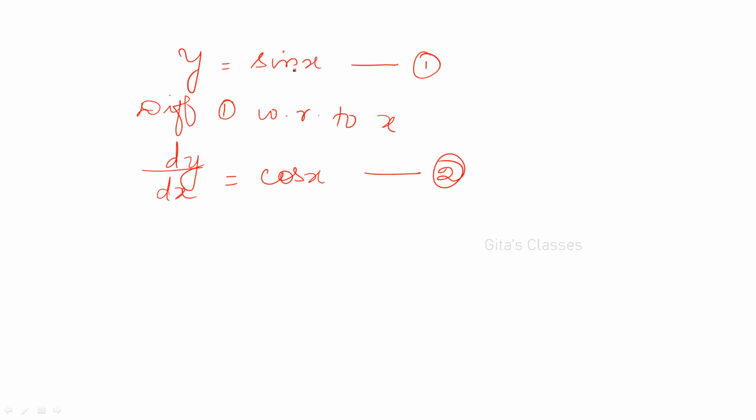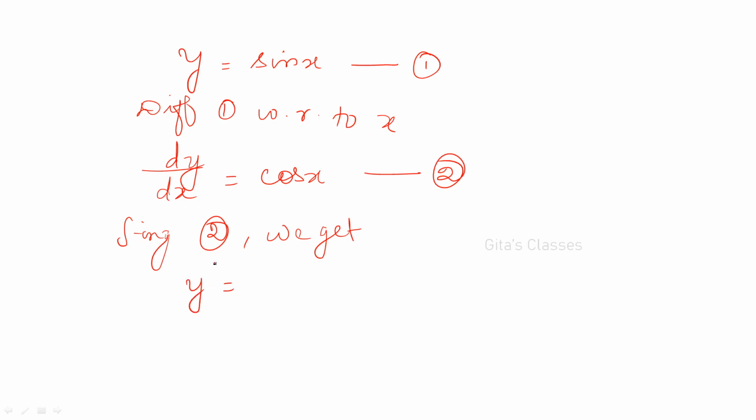So what did we do? Just differentiate it. We have not done any other operation. Okay. So from this, if you want to solve this differential equation, integrating 2, what will you get? dy by dx, if you integrate, integral of dy by dx with respect to x is y, right?